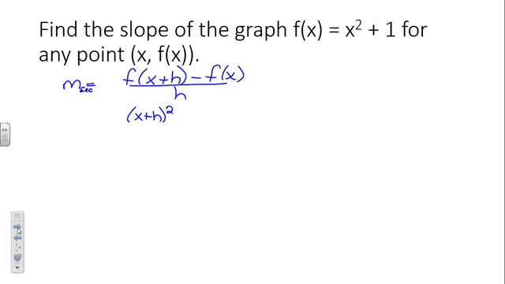And we're going to add 1. That's the first one. That's f of x plus h. All I did was replace every x I see with x plus h. And then I've got to take away, and I like to put it in brackets so I don't forget that I'm taking away everything. I'm going to take away my f of x. And I put it all over h.